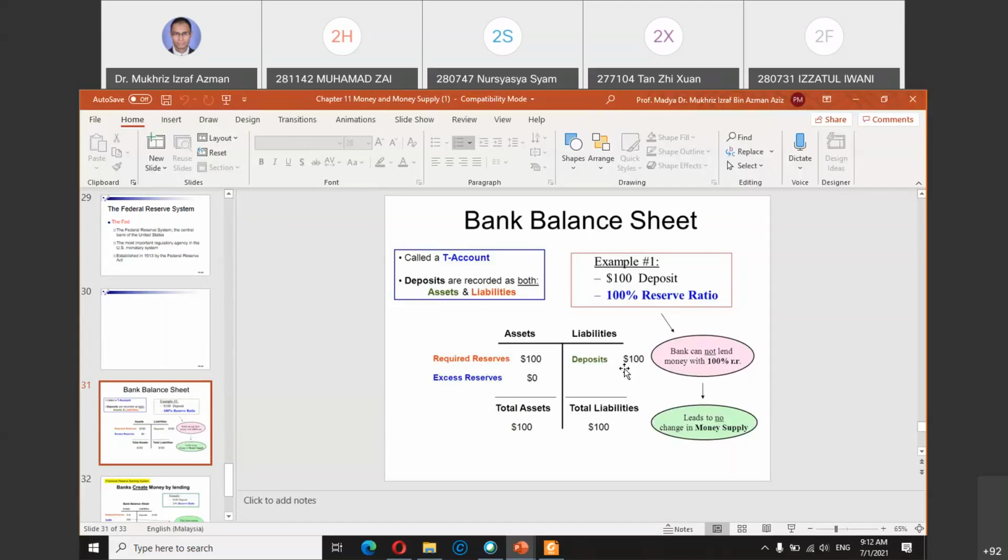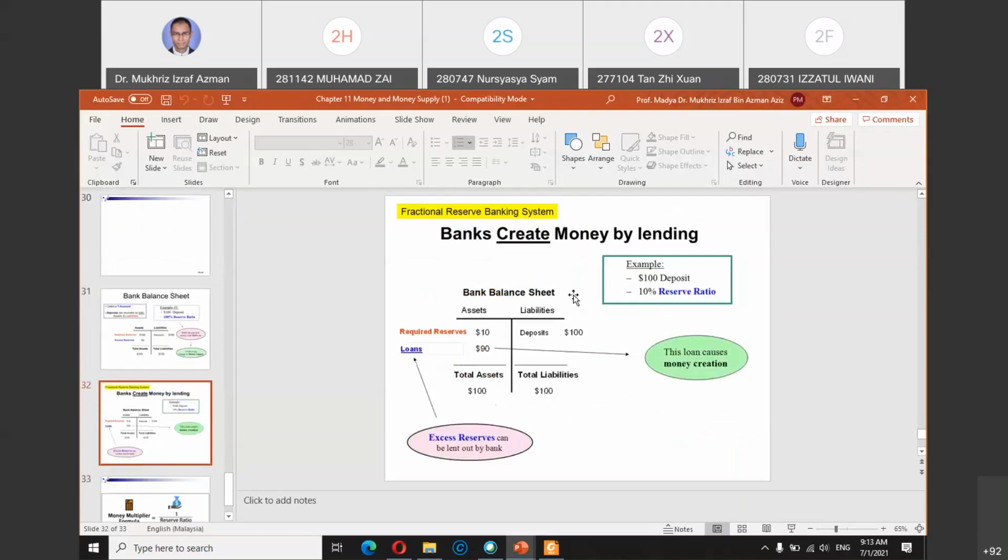So when you have a savings account, it will appear as a liability in the bank's balance sheet. So this is just some concept: banks create money by lending. As I mentioned, their assets are the loans they give out, so the loans cause money creation.